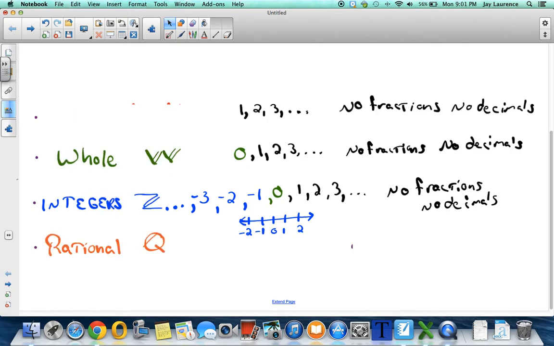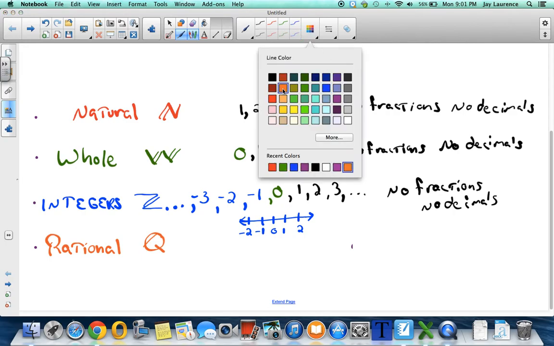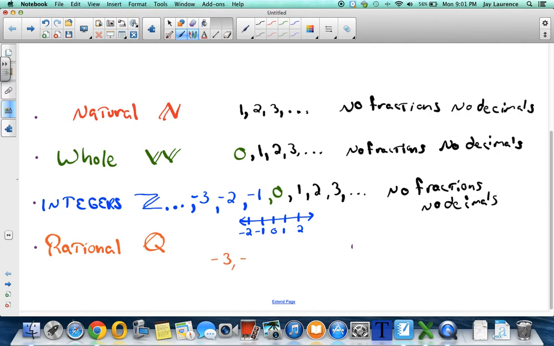Now, we also have the rational numbers. And the rational numbers include all of the integers. So they include -3, -2, -1, 0, right?